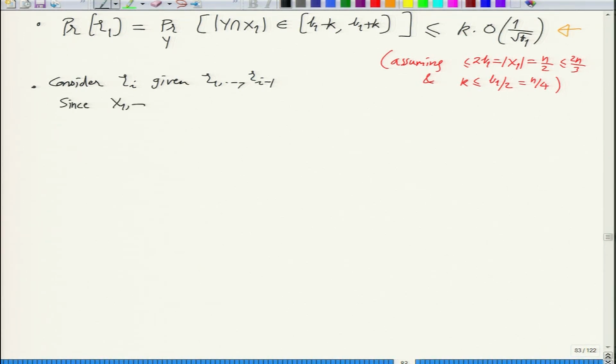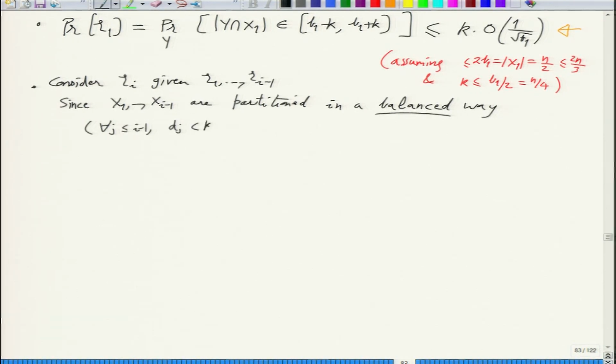So since x1 to xi minus 1 are partitioned in a balanced way, right, because when you assume that E1 to Ei minus 1 events have happened, then basically what you get is for all j less than or equal to i minus 1, dj is less than k. So discrepancy is less.